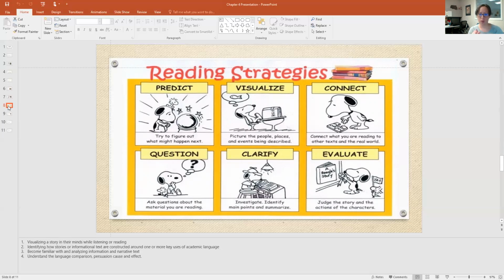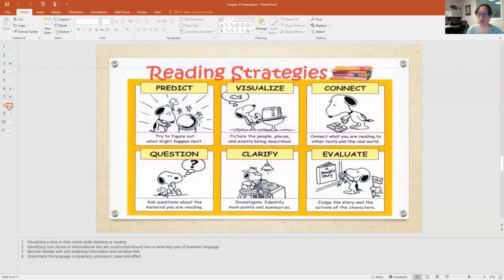I would like for you guys to make sure that when we are using the reading strategies for our ELL students, we can also visualize a story in our minds while we're listening or reading and make sure that we explain this to the children, how to identify stories or information.